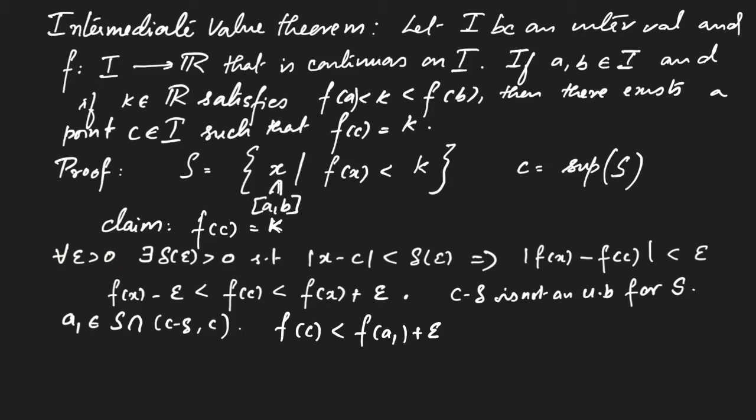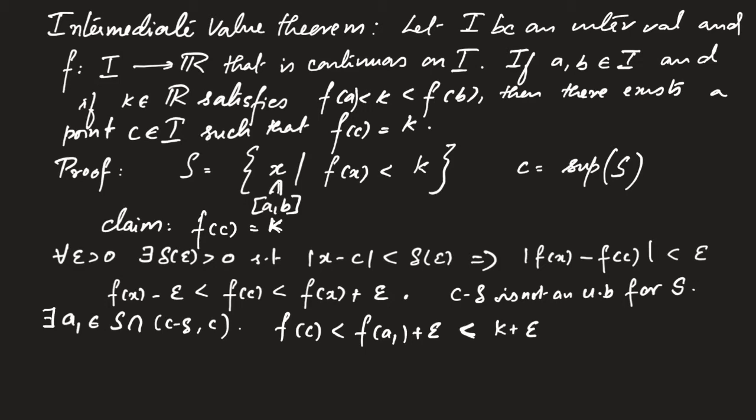On the other hand, a1 belongs to S implies that f of a1 is less than k. And because f of a1 is less than k, we get that f of a1 plus epsilon is less than k plus epsilon. Notice here it is actually there exists a1 in S intersection (c minus delta, c). I had said it but I had not written it.